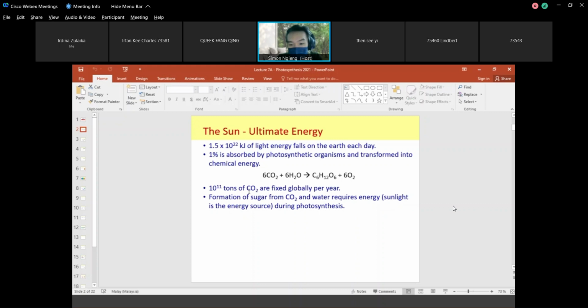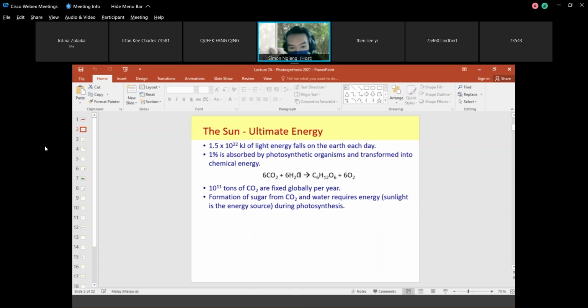So of course, apart from environmental issues, if you have fewer plants, it means you also tend to have less food, because as you can see from this formula, plants convert carbon dioxide with the addition of water into your glucose molecule.